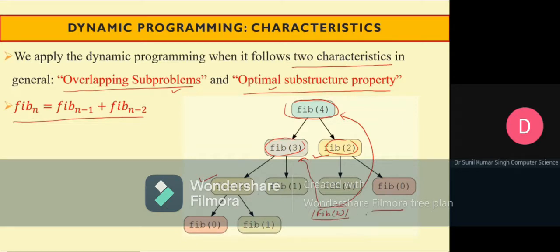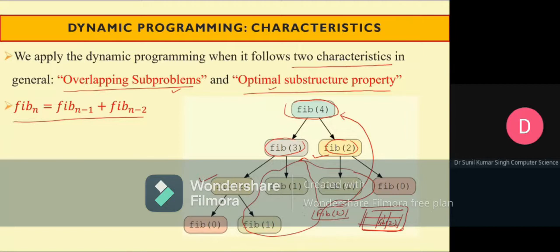That means once we have computed the value of Fib2 and stored it somewhere, then while computing Fib3 and Fib4, we are using it from the stored value in the table. Similarly, you can see Fib1 is being used many times, so computed once and used again and again. There is no need to compute it again and again.